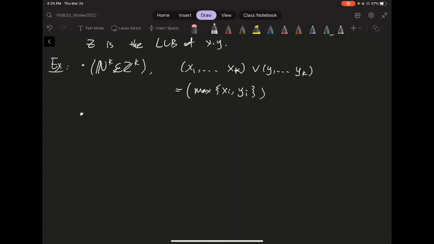The nice thing is that a lot of other semigroups are also quasi-lattice ordered. For example, the free group, or rather the free semigroup, is also quasi-lattice ordered. Why is that? The free semigroup is generated by k letters, and you think about x and y inside F_k^+ as two words consisting of a bunch of letters.